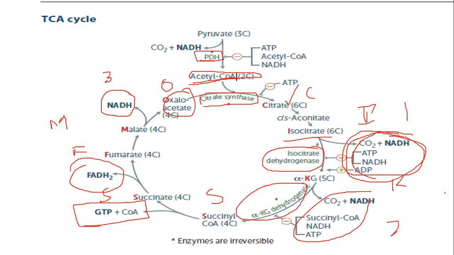So you need to remember in which reaction NADH is produced, in which reaction GTP is produced, in which reaction FADH2 is produced, and how many molecules: only 1 GTP molecule is produced, only 1 FADH2 is produced, and 3 molecules of NADH are produced. So this is all you need to know about the tricarboxylic acid, Krebs cycle, or citric acid cycle.